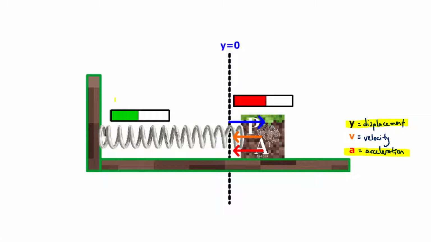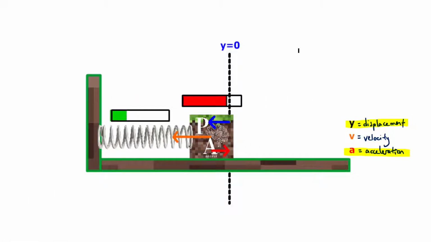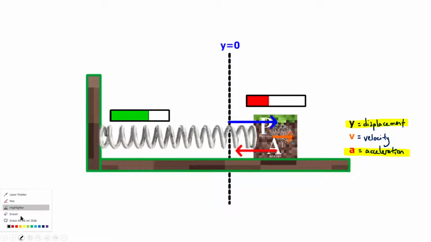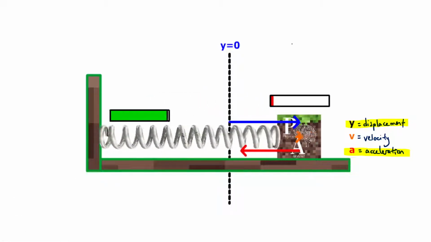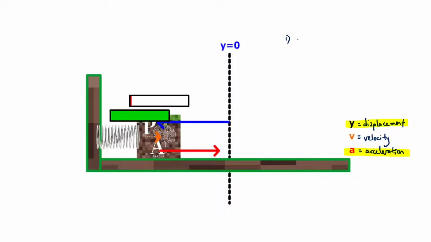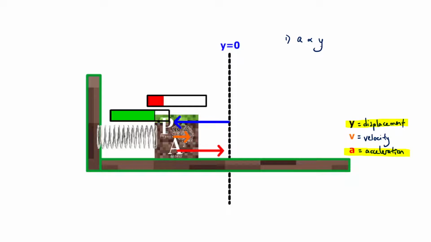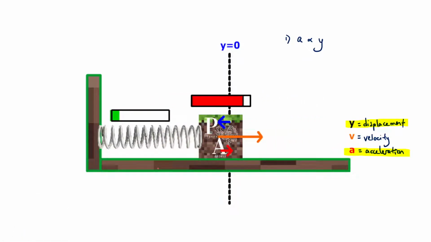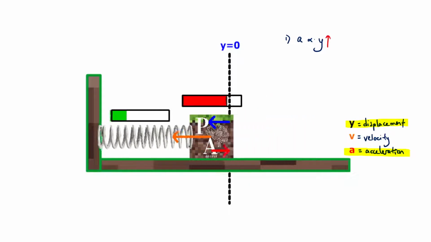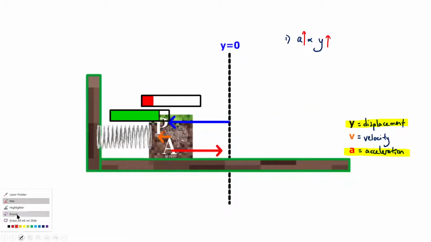So first thing, I want you to write it down. What is the first thing you notice? The first thing you notice is that acceleration is proportional to displacement. That means when displacement increases, acceleration increases.